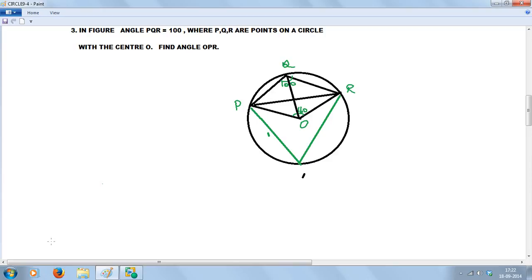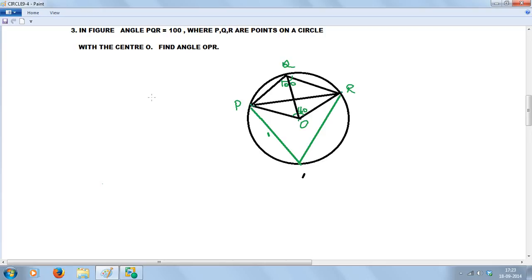Next problem. In the figure, angle PQR is given as 100 degrees. For this problem we have to study the diagram first to understand it. Now see the marking. A circle is there. P, Q, R are points on a circle with center O. We have to find the angle OPR.